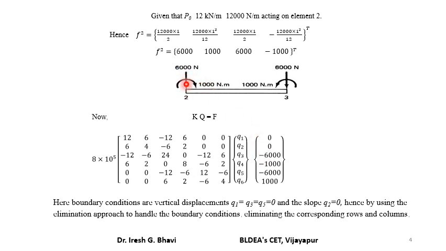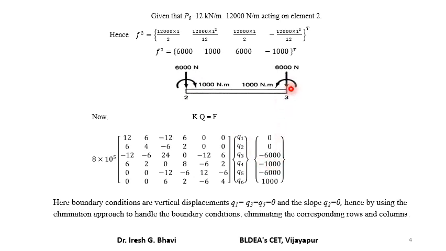We have used the sign convention that upward direction is positive, downward direction negative, and anti-clockwise positive. So minus 6,000 Newton is the F3, and F4 is the couple acting at node 2, which is 1,000 Newton meter in the clockwise direction. So it is also negative because anti-clockwise is positive, so it is minus 1,000 is the F4.